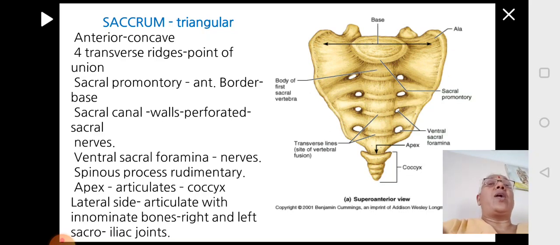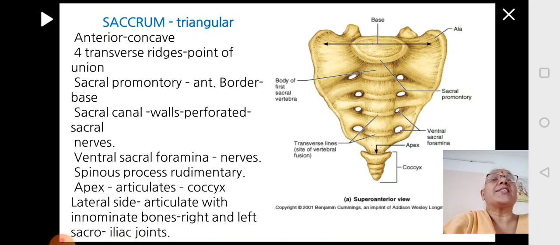Then you have sacral canals present on either side, and it is through these sacral canals that the sacral nerves will leave. Then you have the ventral sacral foramina, again through which the nerves will come out.